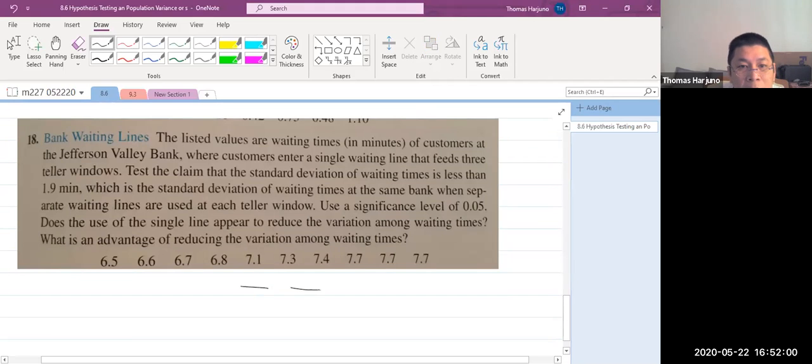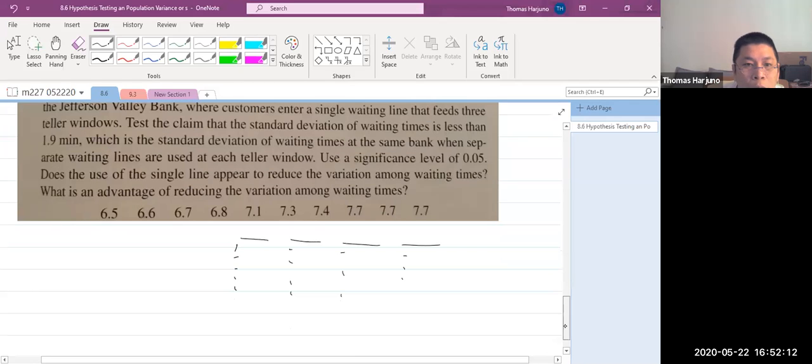You have cashier, cashier, cashier, cashier. If you go to Ralphs, for example, each cashier has one waiting line, one waiting line, one waiting line, one waiting line, right? But strangely, if you go to outlets, for example, they may have more than one cashier, but they have only one single line.